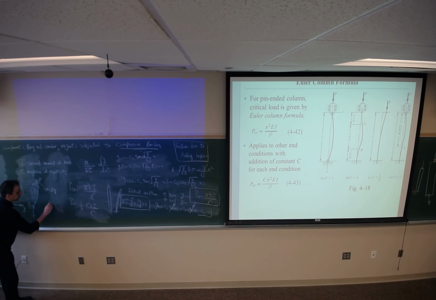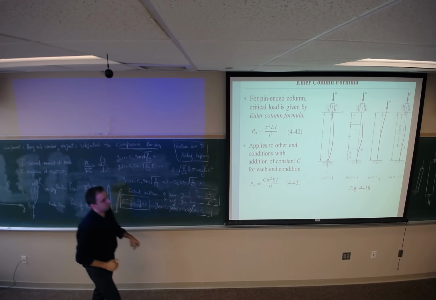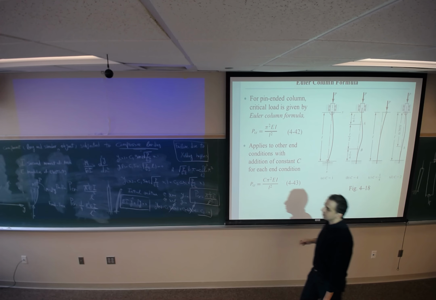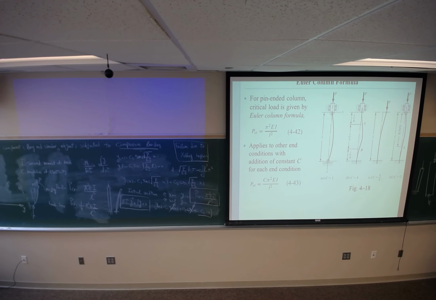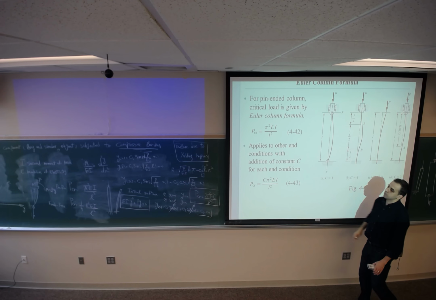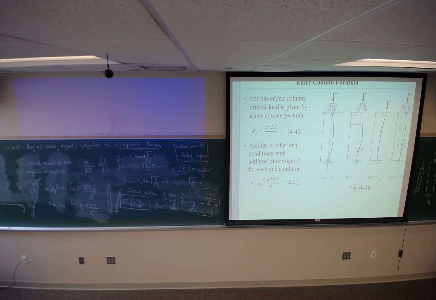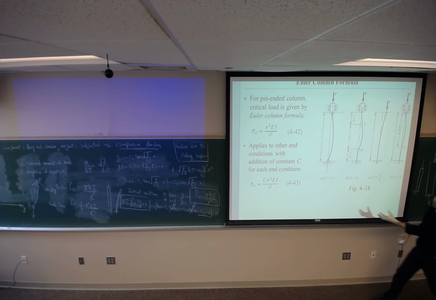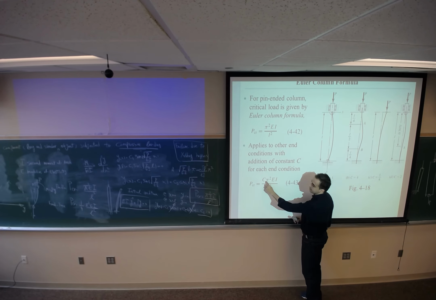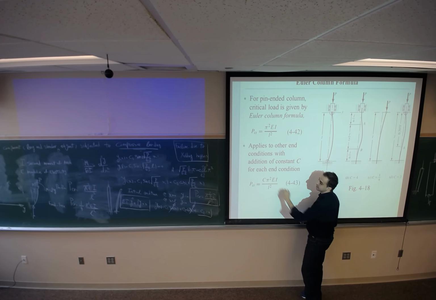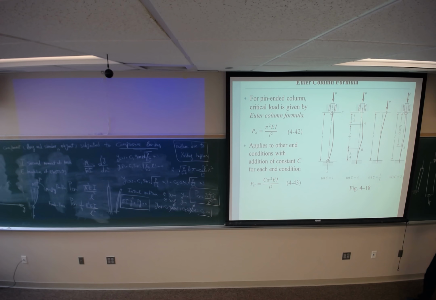Fixed-free, pin. So it's a quarter of the pin. If I want to have a general function for P critical, I add a coefficient c, and for different types of columns, I will find that c.